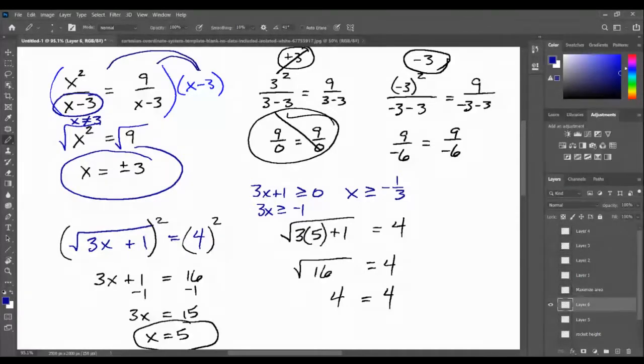That was our domain restriction. We came up with an x that fit within that domain, so we could be pretty comfortable with that. It doesn't always algebraically work out to give you something in the domain, in which case there may not be a solution. Or like we saw up above, you might not be allowed to keep one of your algebraic solutions. So we have to watch for that.